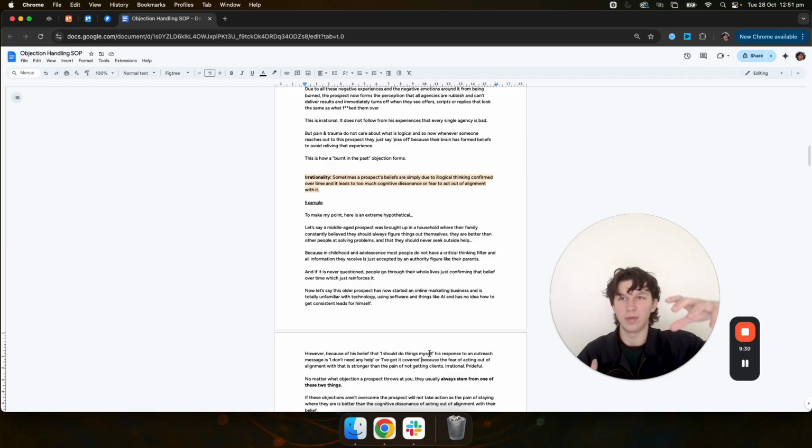So they will not act, even if they have a painful problem that they want to solve, if they have a belief, something they believe to be true that they think is justified, that blocks them from doing that. So, I think I can do it myself. When someone reaches out to them, they're not going to be receptive to that, because to act out of alignment with a belief leads to too much cognitive dissonance. People literally can't do it.